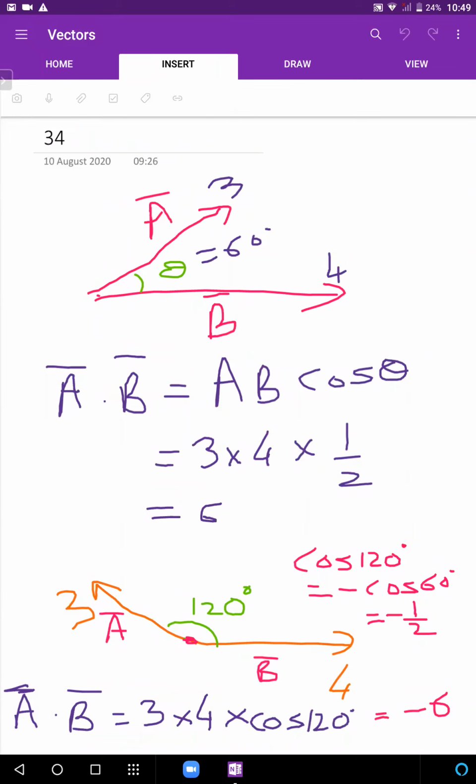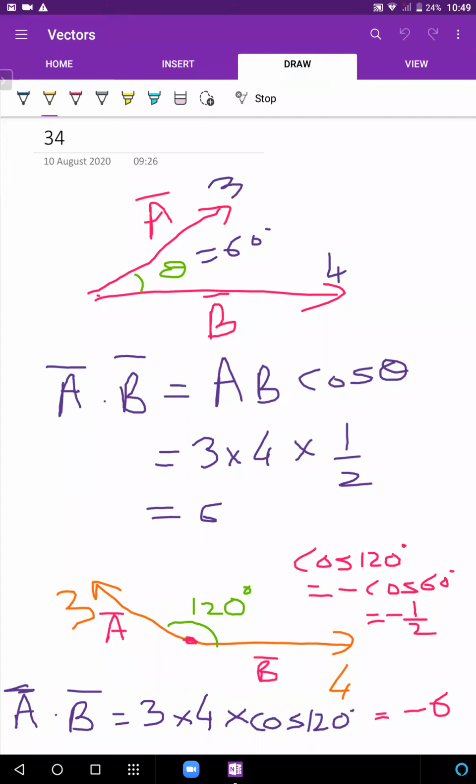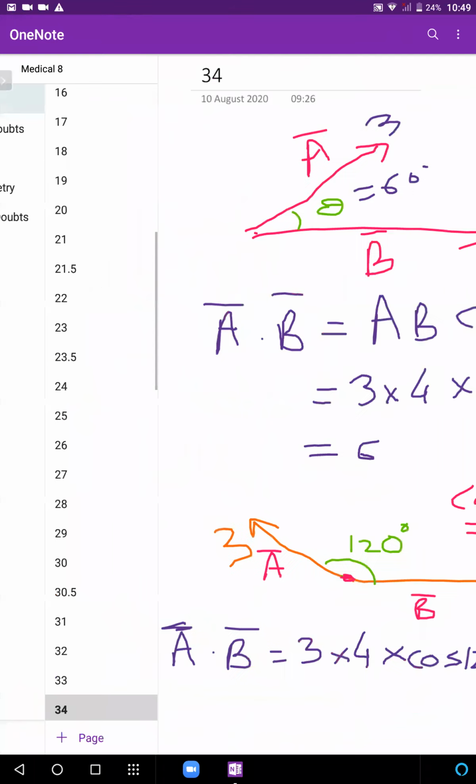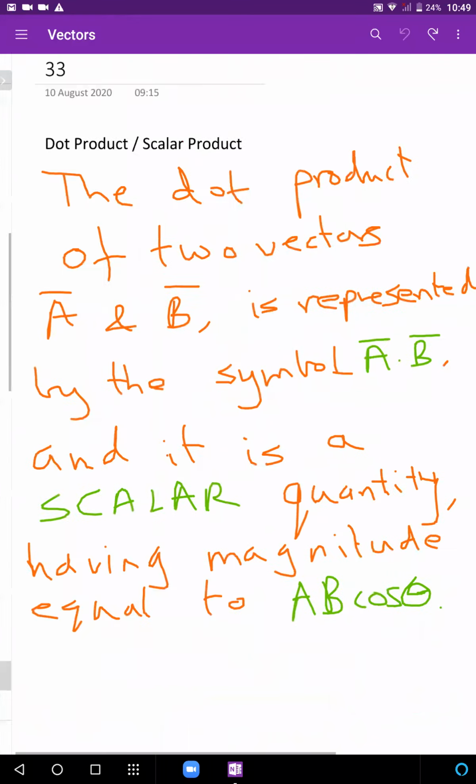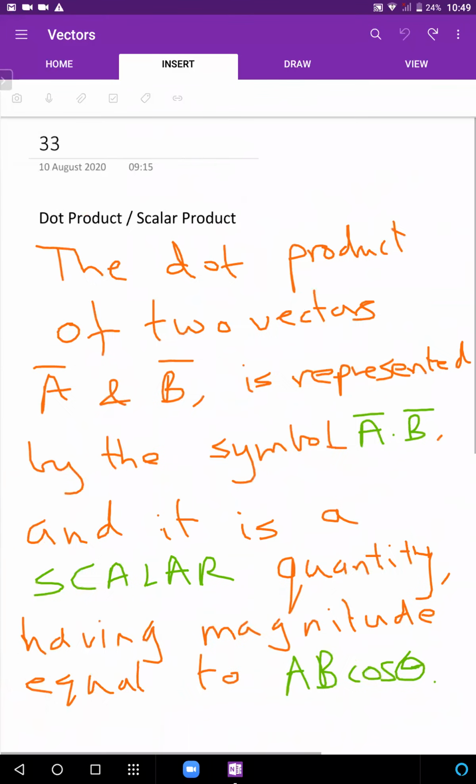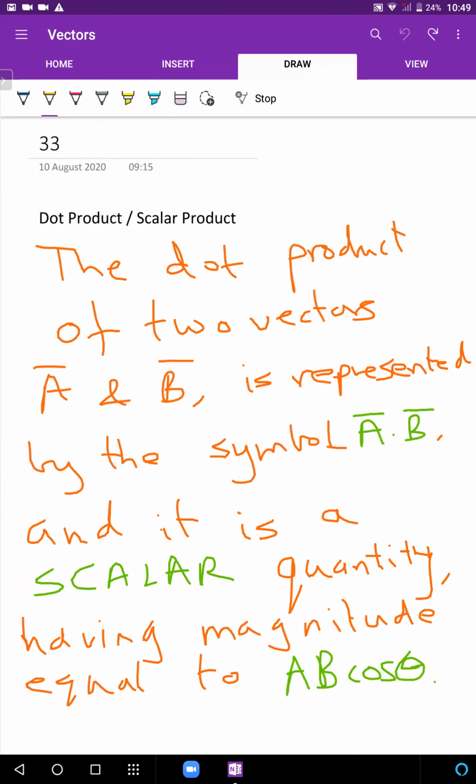Okay, थोड़ा examples दिखा रहा हूँ. Of course, I'll give you questions to solve, but I'm just giving you a few examples. You can keep writing alongside me. So यहाँ पे one example I took was when the vectors, so the representation is shown as multiplication of vectors, but the answer is a scalar. Absolutely. This entire thing is the multiplication of two vector quantities.